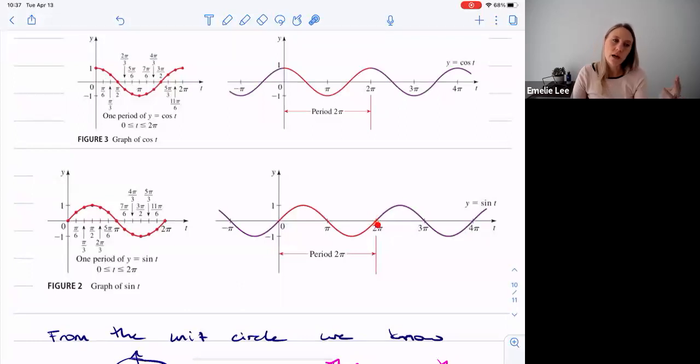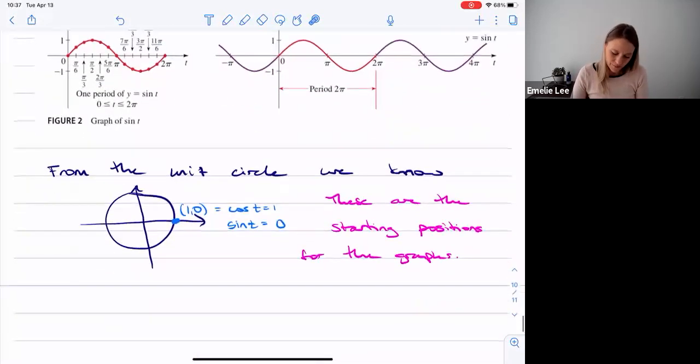I sometimes remember this as, if I have the sine and cosine graphs on the same graph, they come in alphabetical order. Cosine would come before sine, so cosine is above sine. That's just how I remember it, but however you want to remember which one starts where is fine by me.